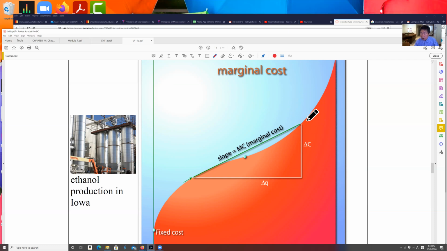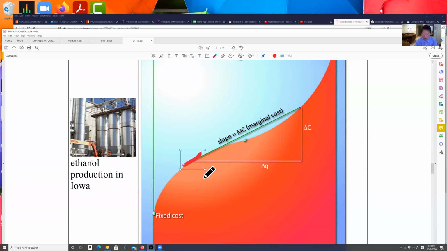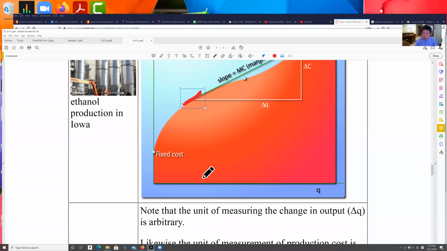So marginal cost is the slope of this line, okay? But when delta Q becomes smaller and smaller, eventually it becomes the slope of this curve at that point, okay? That's called marginal cost.